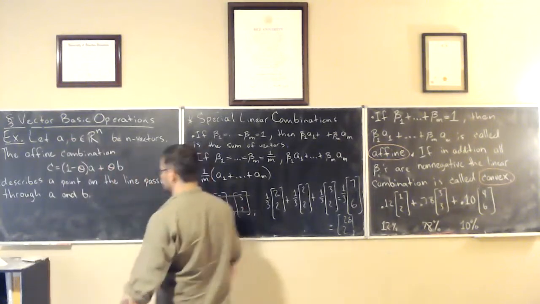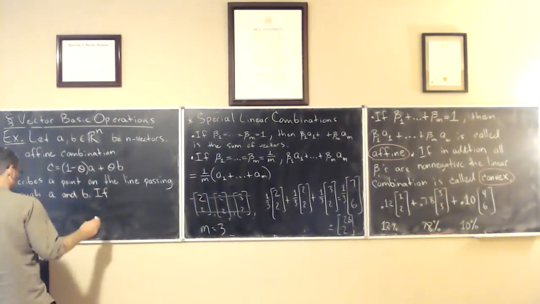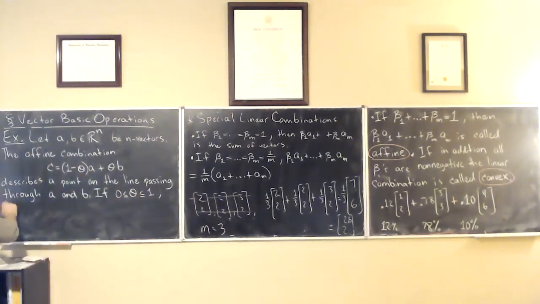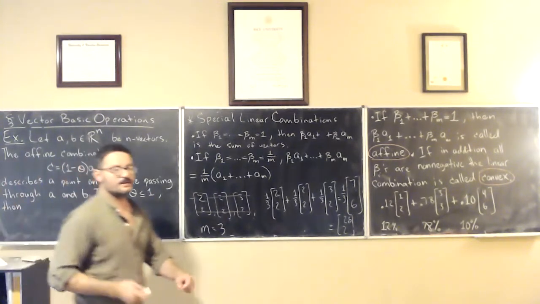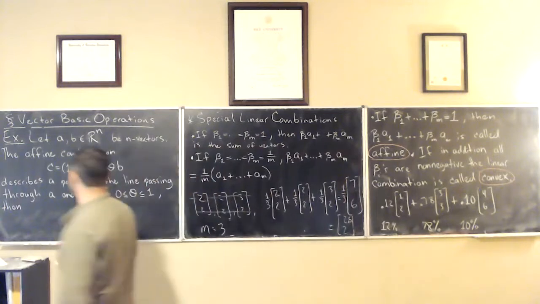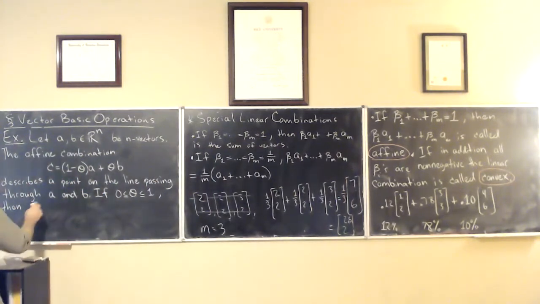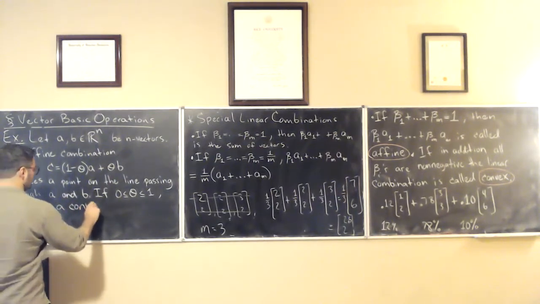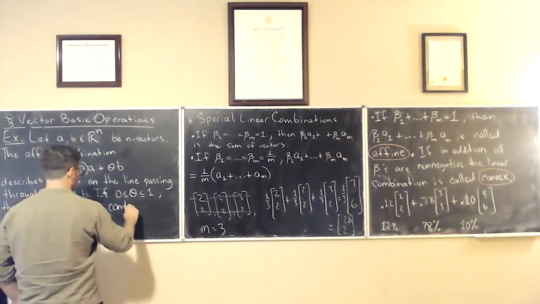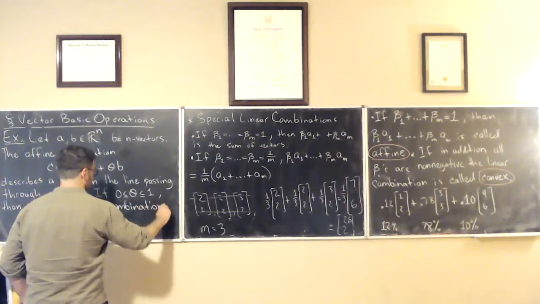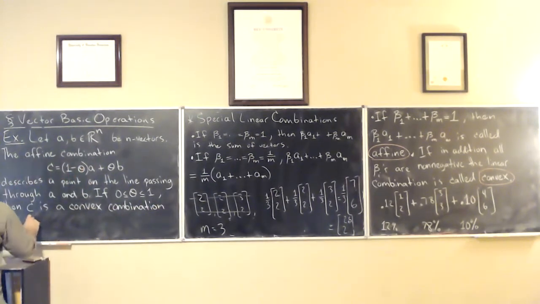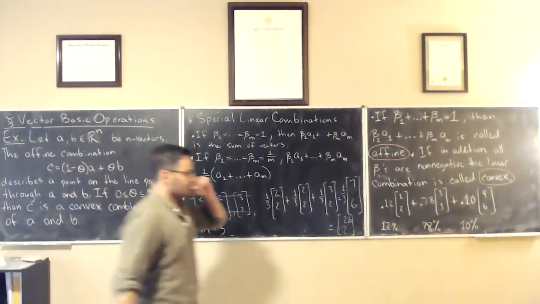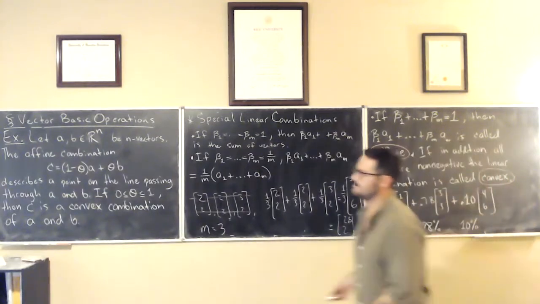And if 0 is less than or equal to theta, less than or equal to 1, then this point is on the line and between A and B, not just on the line, but in between A and B. Another way of saying that is that C is a convex combination of A and B. So, how can we study this definition?